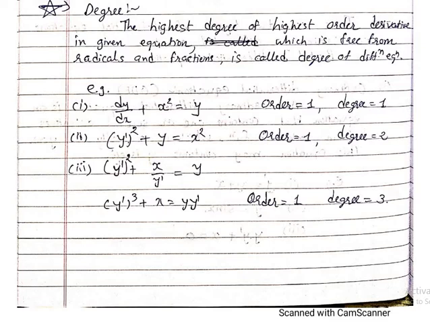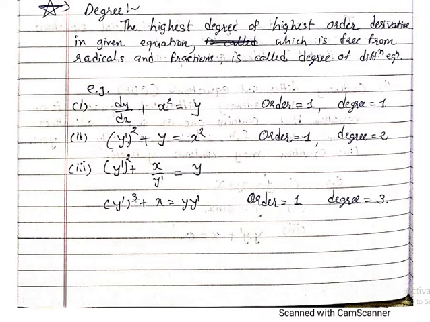Here the third equation I have written is y dash square plus x upon y dash is equal to y. Now see here you have y dash in the denominator, that is, we are not free from fraction. So you have to remove y dash from the denominator, and for that, simply what we are going to do is multiply the equation with y dash.